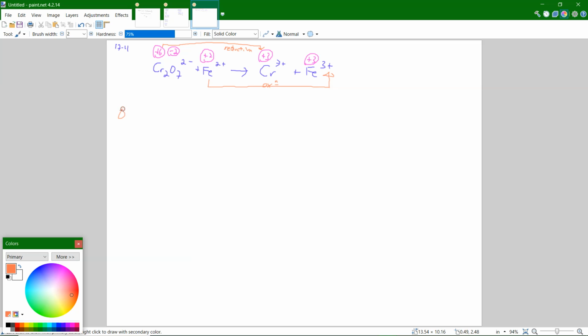I typically write the oxidation half reaction first. You just write the bare bones of what's oxidized: Fe2 plus goes to Fe3 plus. And the reduction half reaction: Cr2O7 2 minus goes to Cr3 plus.